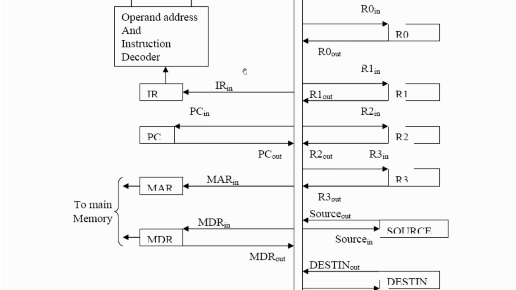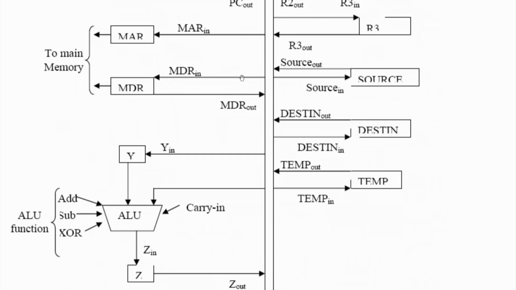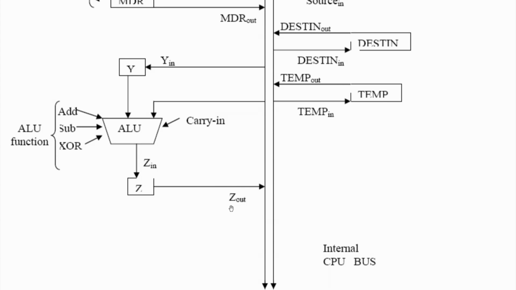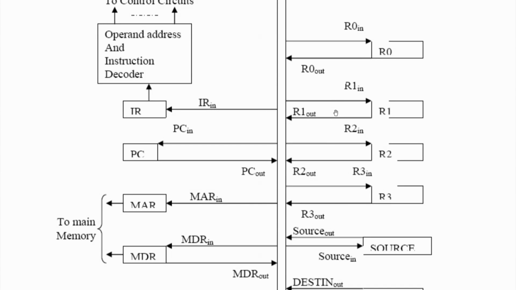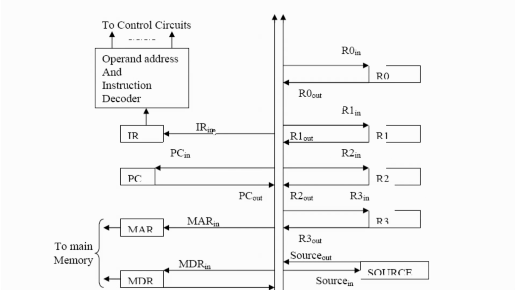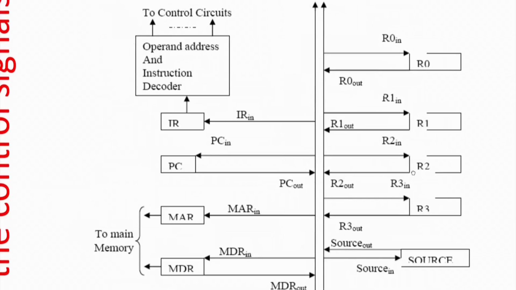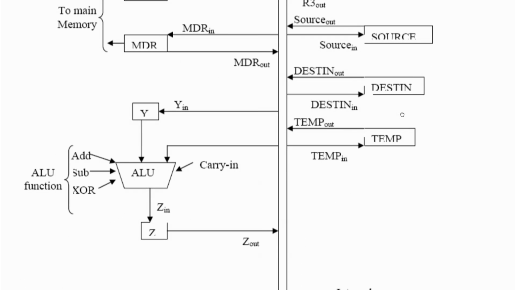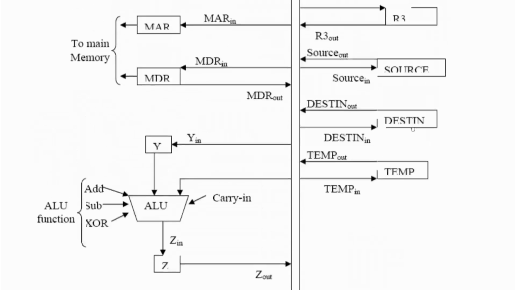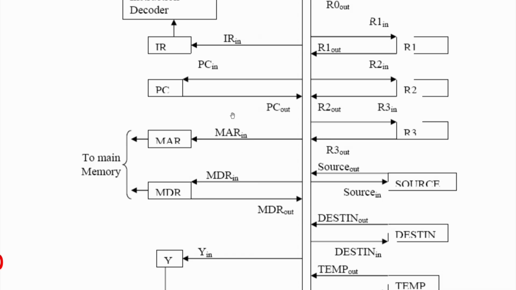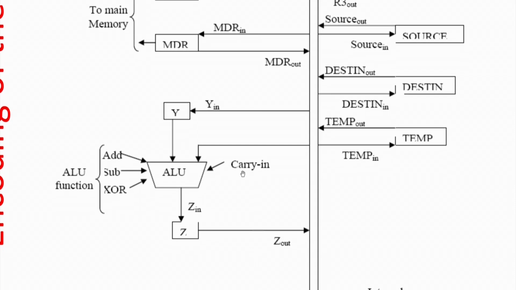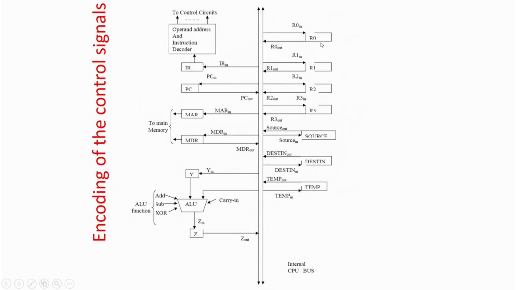I may have missed something, so you just count, but there are 24 signals. There are 14 over here, then 15, 16, 17, 18, 19, 20, 21, 22, 23, 24. Just count over here. If you look at these input output ports, you will find that there are 24 of them.